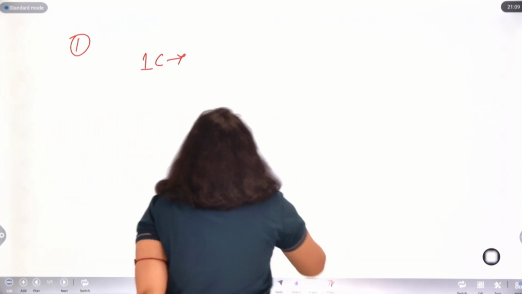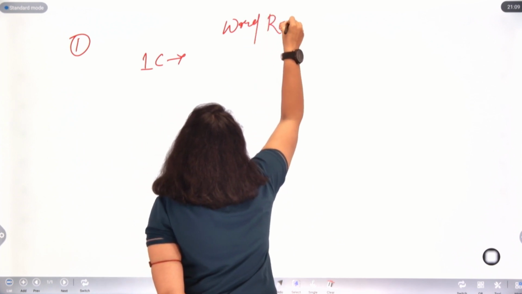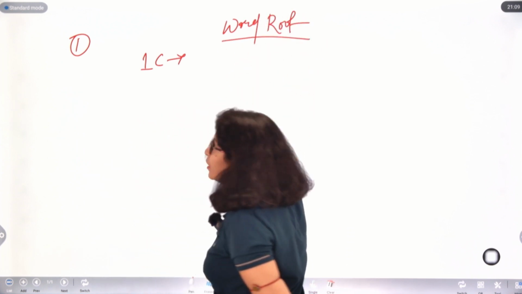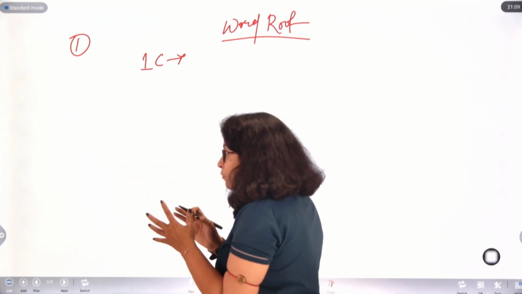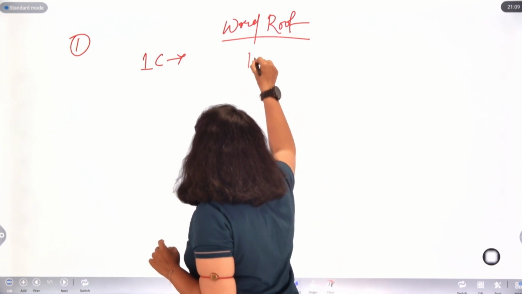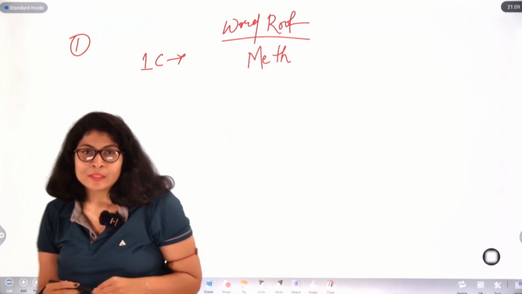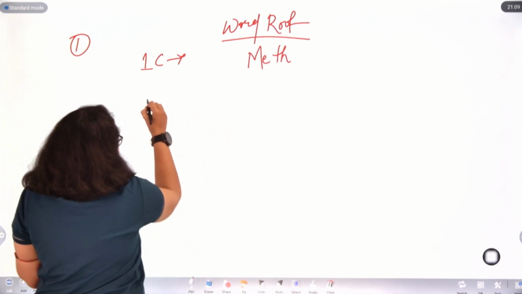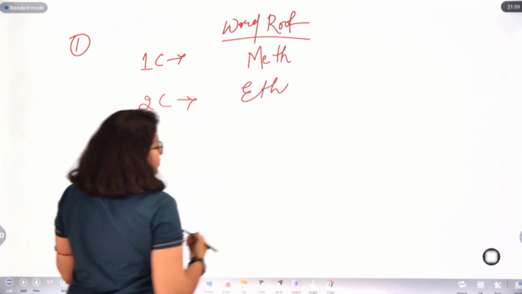Okay, we have to know the word root associated with, or derived basically from, the number of carbon atoms. If an organic compound has one carbon atom, it is given the word root meth. M-E-T-H, meth. If an organic compound has two carbon atoms, it is given the name eth.